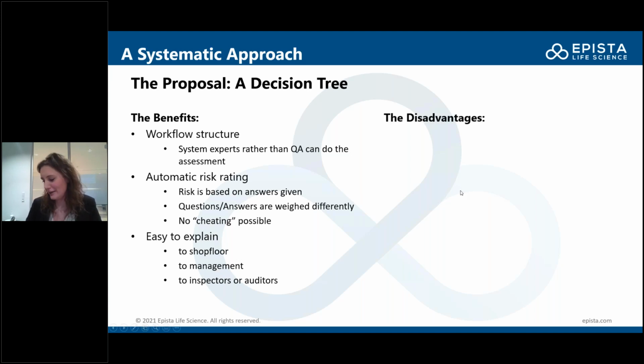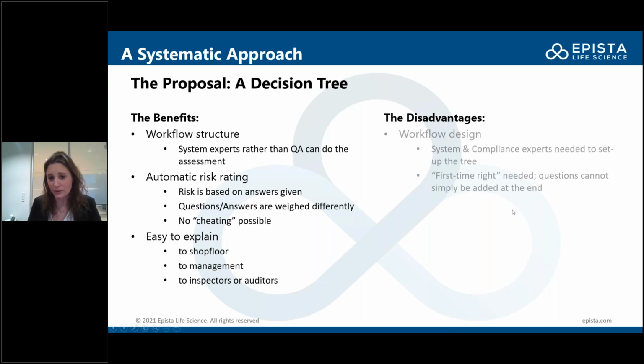Now, to the disadvantages, because we are honest here. Every approach, of course, also has its disadvantages. Looking at the decision tree, the probably biggest disadvantage is the workflow design, which is also its biggest benefit. But you need, when you are initially setting up this decision tree framework, you need your system and your compliance experts to work together to actually phrase meaningful questions for your systems.